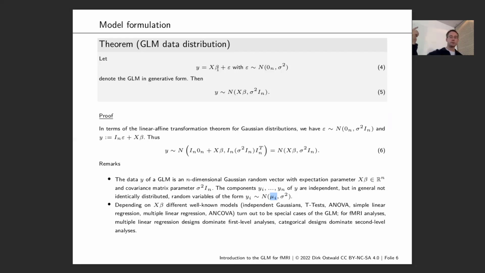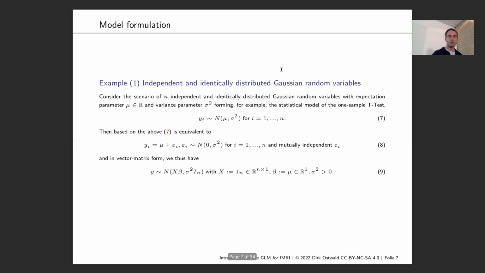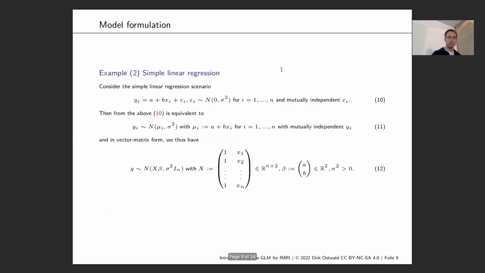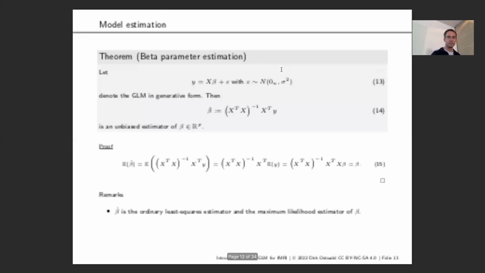In multiple linear regression, in fMRI, it can be like 20 or so beta parameters, as they are then just called. That's a parameter vector with p parameters in there, and then there's the variance parameter. That's a single parameter, and both of them need to be estimated based on data.